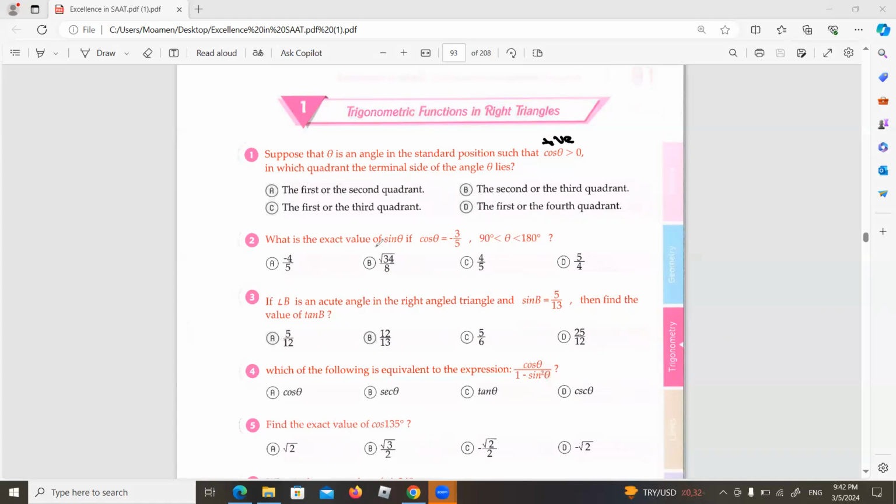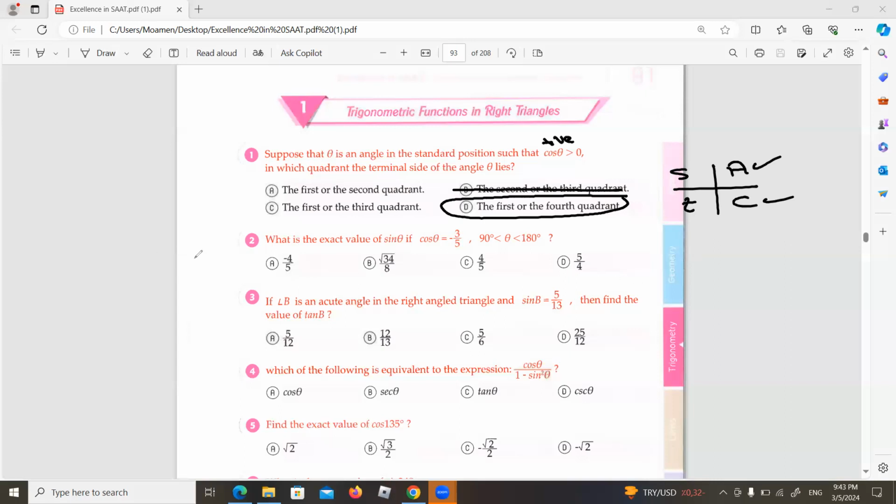You said in the first quad, all are positive. So the first quad, and the second and third are out. First and the second, or first and third, or first or the fourth? So is it fourth only? No, first and the fourth. So the answer is letter D. As you said, the ASTC rule: all, sine, tan, cosine. So the first and the fourth.